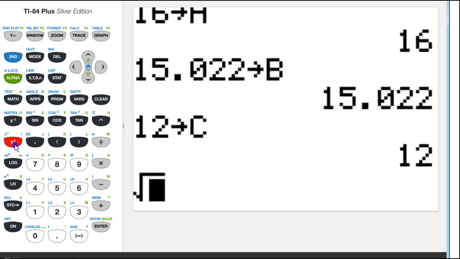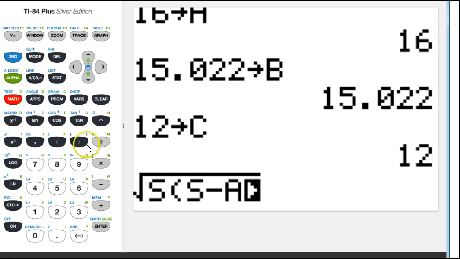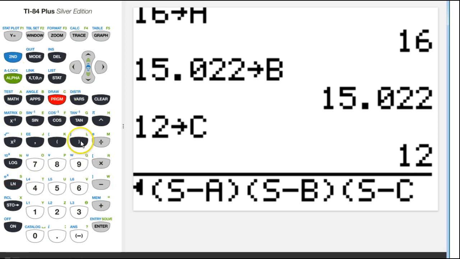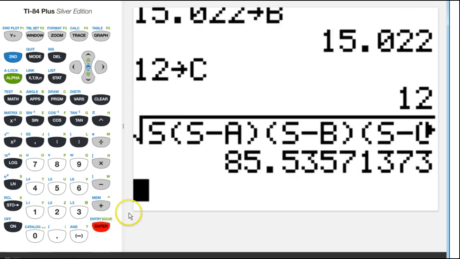So the square root of S, and then times S minus A, and then S minus B, and then S minus C. Enter. And then that should be the answer right there. So 85.536, got to round up.